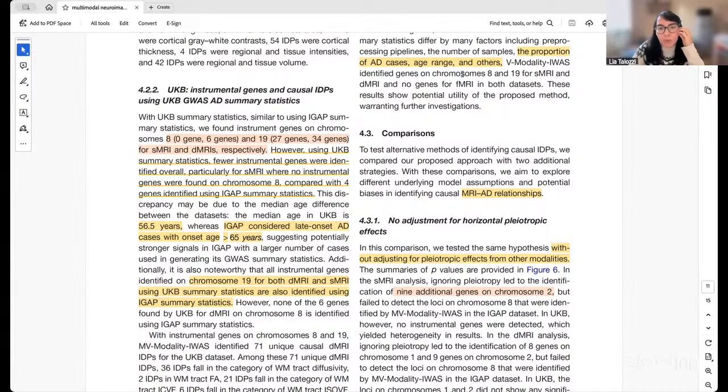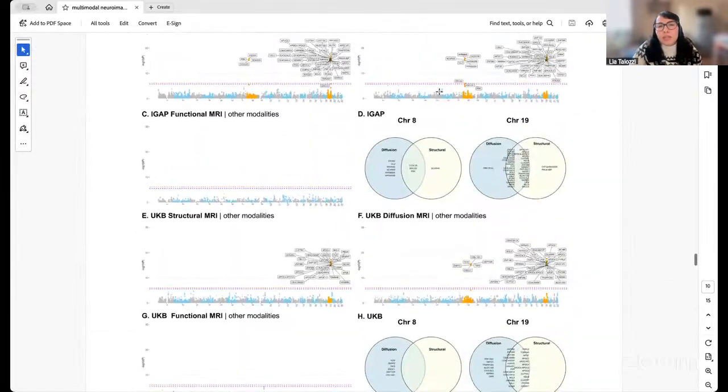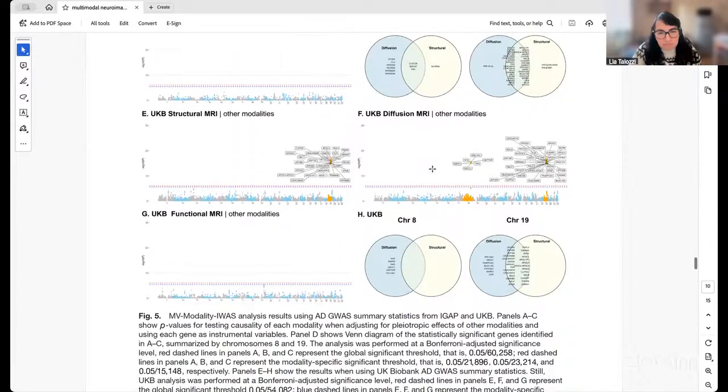Also the proportion, the enrichment of AD cases: the UKB is more for the general population, it's not targeted for Alzheimer's, so of course the AD cases will be fewer than in an Alzheimer's initiative like the EGAP. It's normal that you can have more signal generally there.